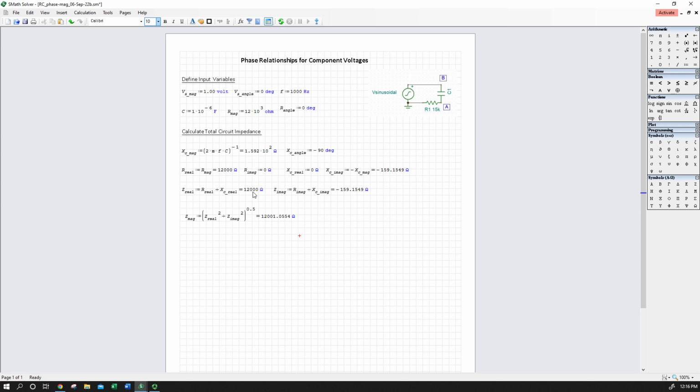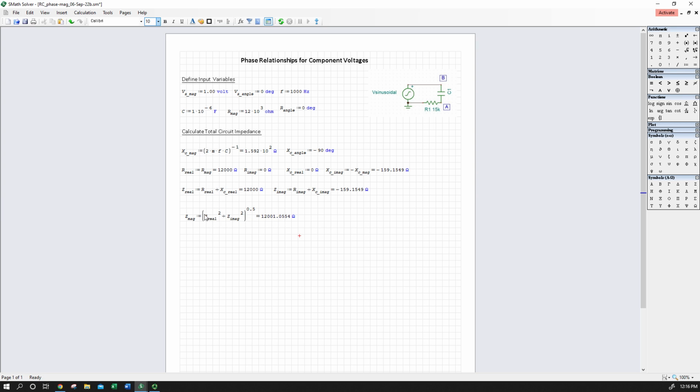So what this is saying is that the magnitude of my imaginary component, the contribution of the capacitor, is tiny compared to that of the resistor, which is probably a function of the fact that we have different values.